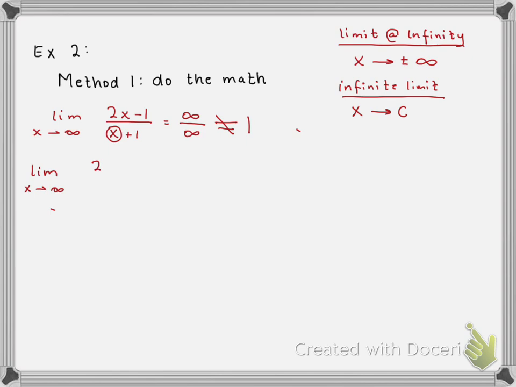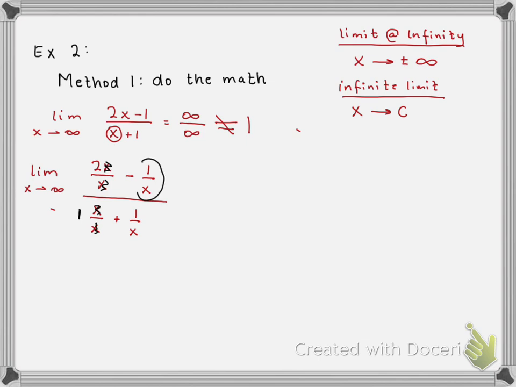So 2x over x minus 1 over x, all over x plus 1 over x. Now we're going to simplify whatever we can. These x's go away. These x's here equal 1.